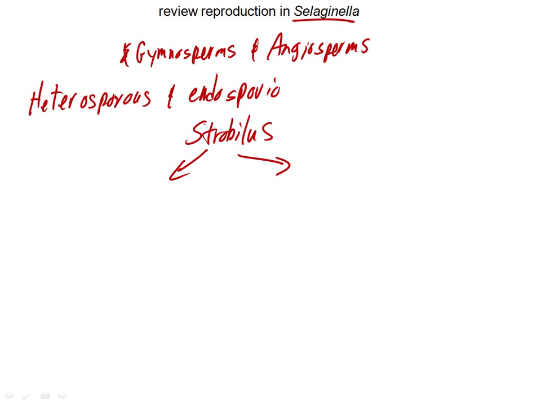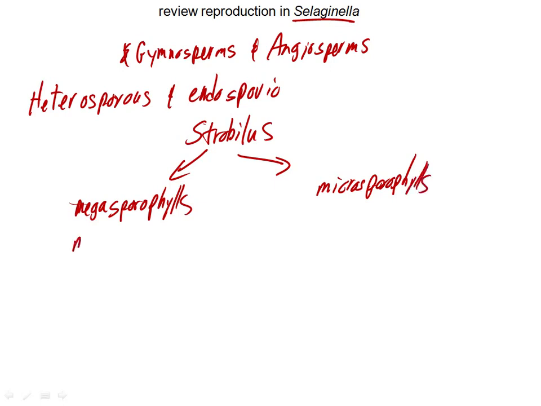So we are going to have in that strobilus megasporophylls and microsporophylls. And those are going to have on them megasporangia and microsporangia in the microsporophylls.